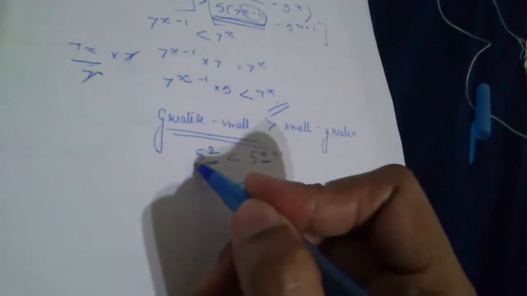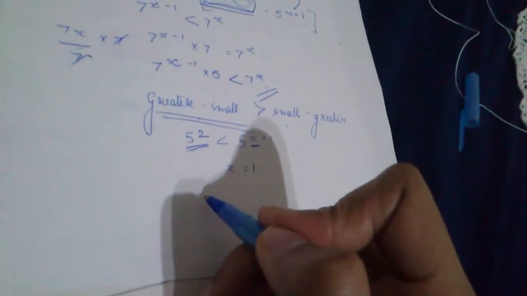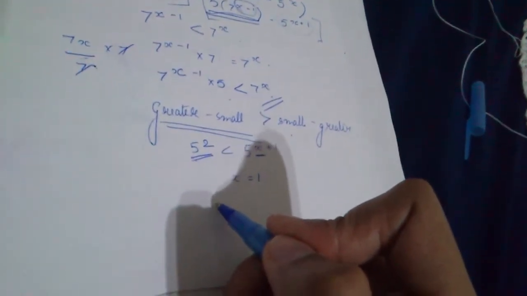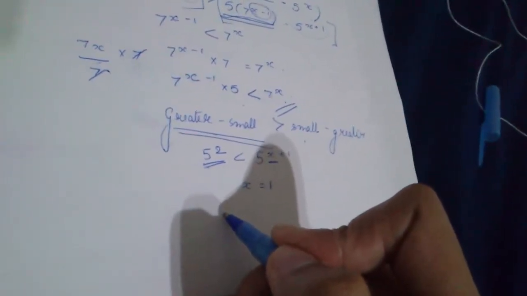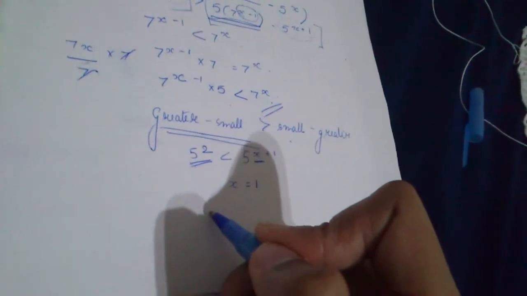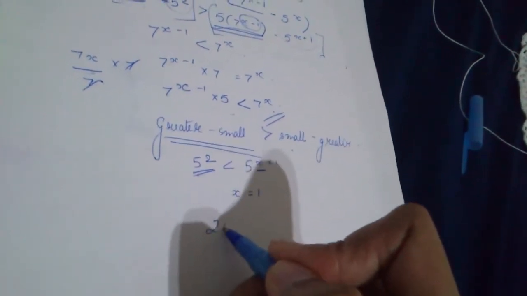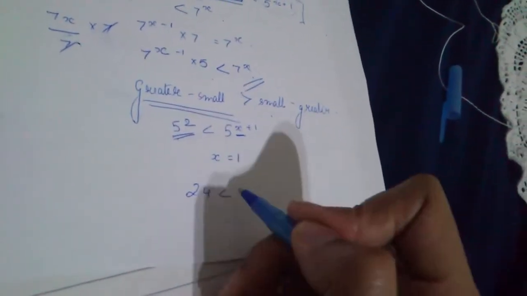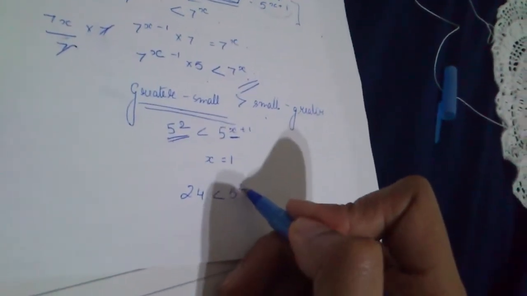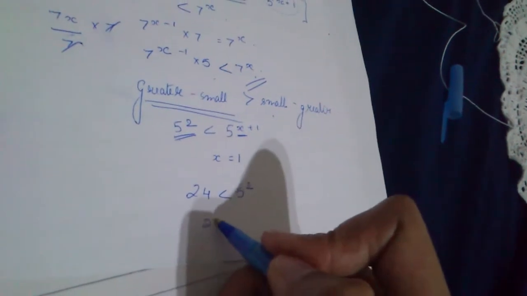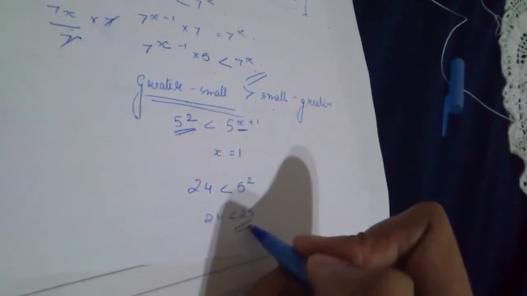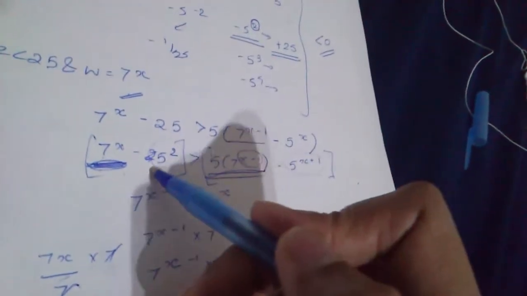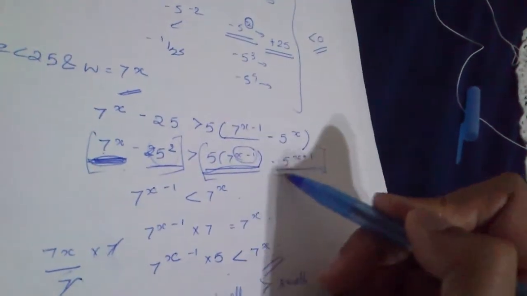Now we know this z is not exactly 5 square. It is something less than 5 square. So let's say it's 5 raised to maybe 1 or maybe say 24. And x is 1, so x has to be minimum 1, and 5 will be 1 plus 1, 5 raised to 2. So 24 is less than 25. So you know that this second part of this expression, that is this z, is always smaller than this expression.